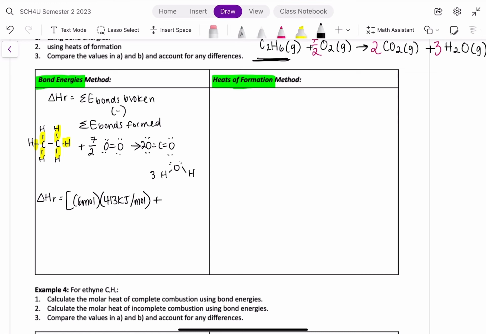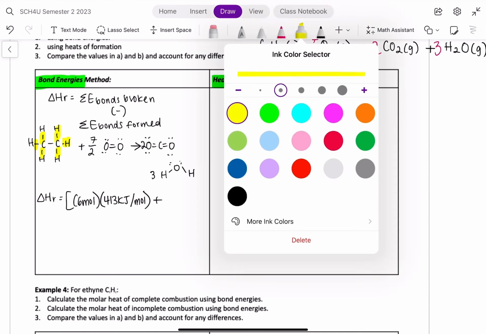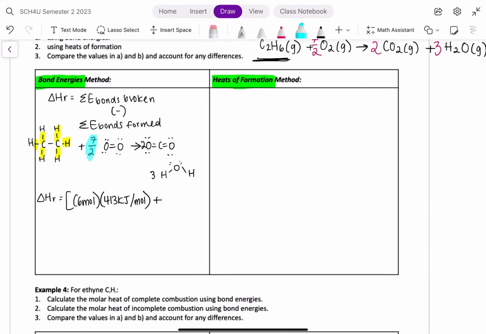Plus, there are 7/2 double bonded oxygen bonds. So 7/2 moles times 495 kilojoules per mole.